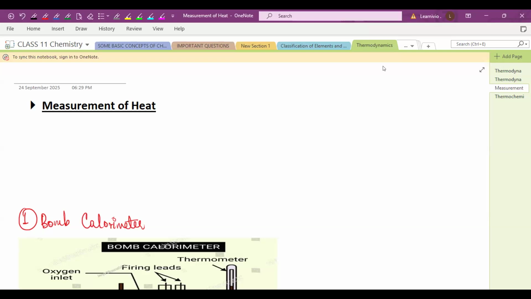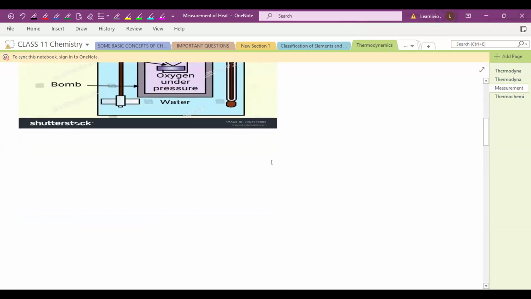Okay, so let's wait for others. Aisha and Zainab have not joined yet, so let's wait for them. Then we will start the session. Okay.